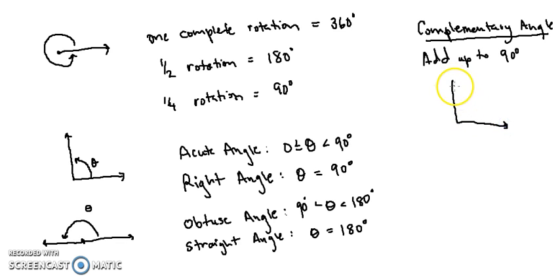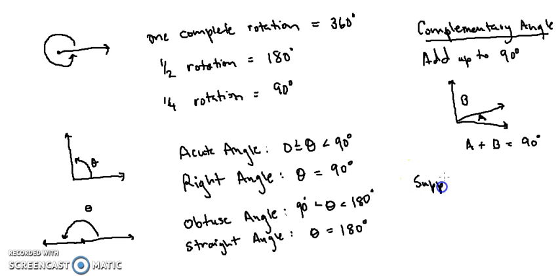Combined, now my pictures aren't perfect on this tablet, but you get the idea, we should be able to make a right angle. So there's angle A, there's angle B, A plus B equals 90 degrees. So complementary angles add up to 90.